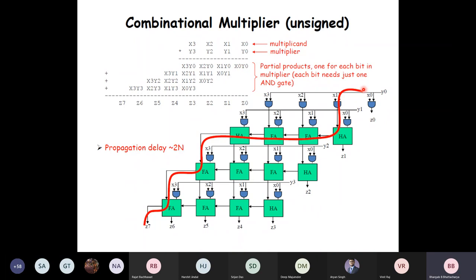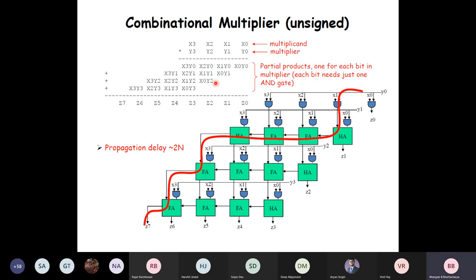Okay, so this is the vector y0. If you look into the first row, everything is being multiplied by y0, right? So that's why in hardware you take this line y0, which fans out, and you take these bits x0, x1, x2, x3. So you have small AND gates here for x0, x1, x2, and x3, and this y0 feeds all of them. So these AND gates will generate these values.